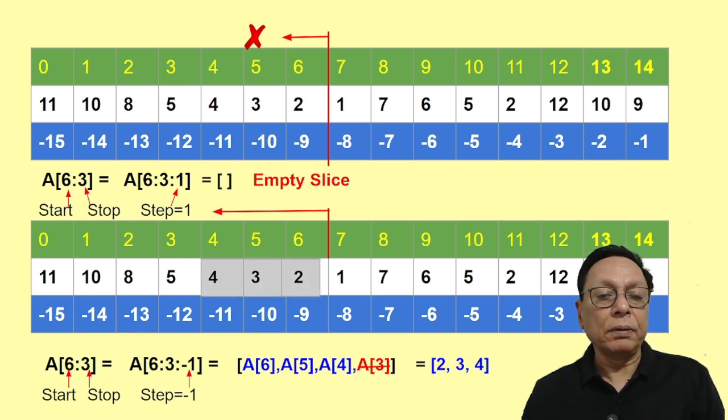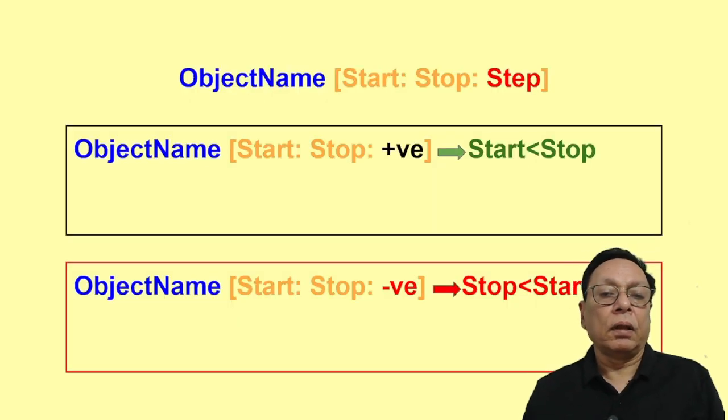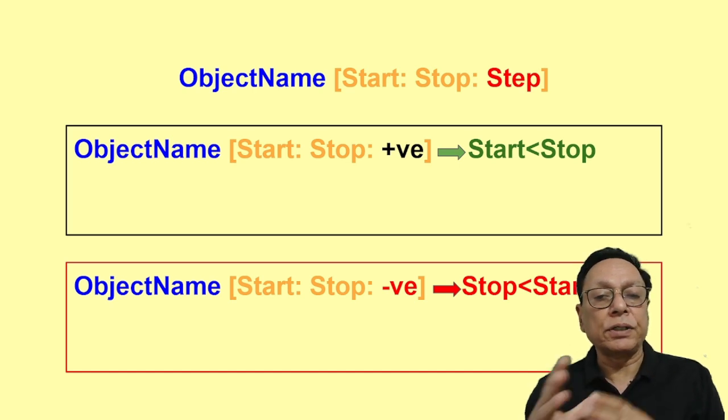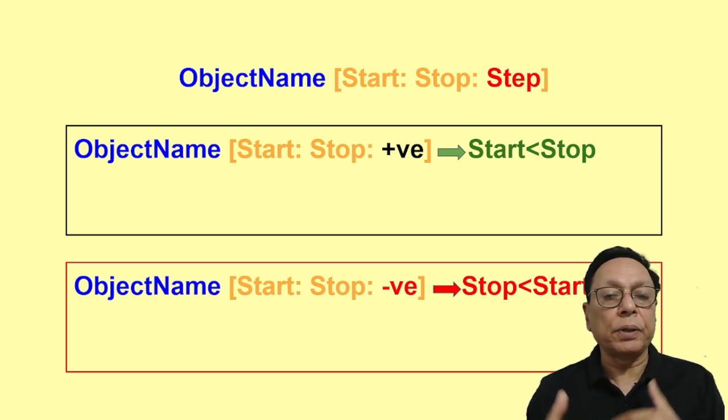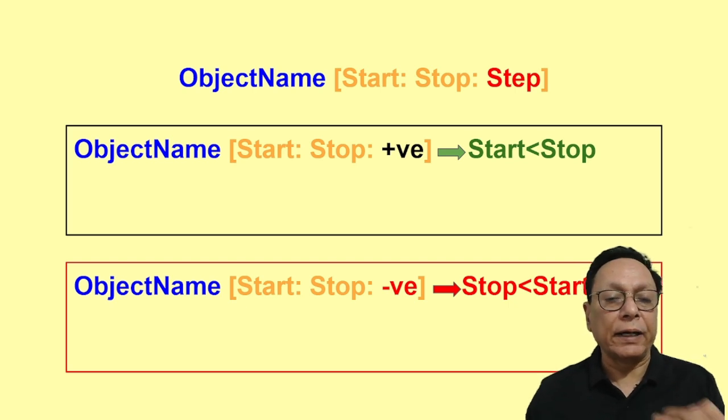Now next example, so as I have told you that object name, start, stop and step. So there are two shapes of slicing. One is start to stop, and when we take a step in positive, and other is start, stop and negative step.